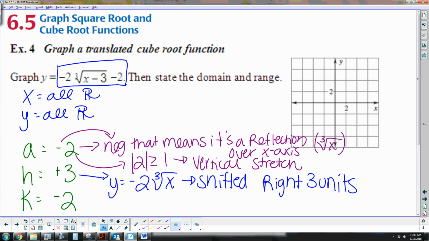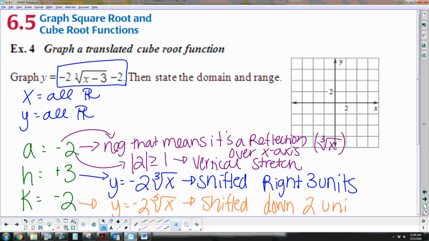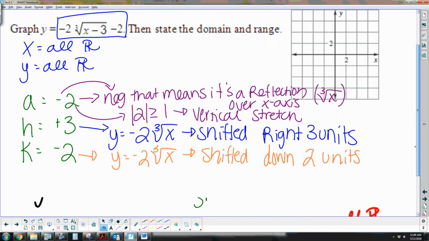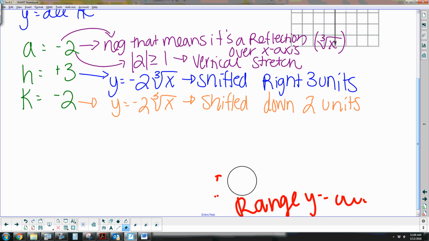And then lastly, our k is negative 2. So that means the graph y equals negative 2 times the cubed root of x is going to be shifted down two units. Okay, so that's really everything we know about this. We've identified our domain, we've identified our range, and we know what our graph is going to look like.